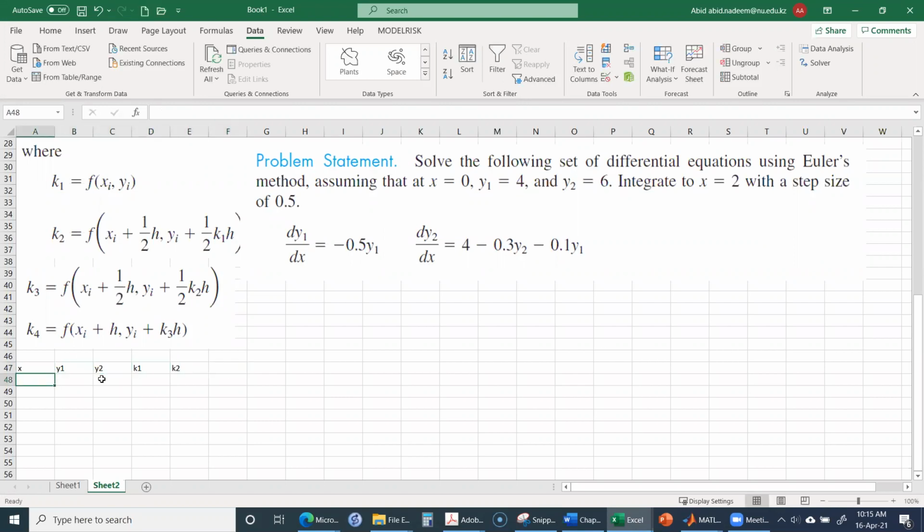So x is 0, y1 is, what is y1? Four. y2 is 6. So K1 will be f(x1, y1). So we need to find K1.